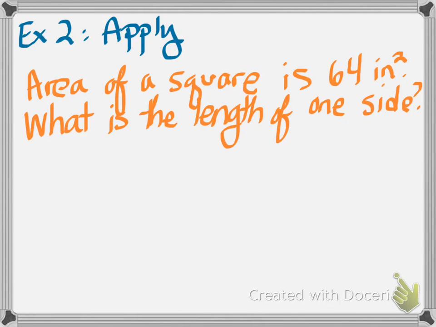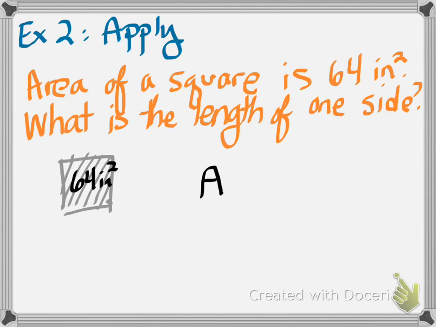Now let's apply it to a word problem. The area of a square is 64 inches squared. I read this as inches squared, remember? What is the length of one side? So if the area, everything inside of my square, is 64 inches squared, that means that I want to find the length of one side.